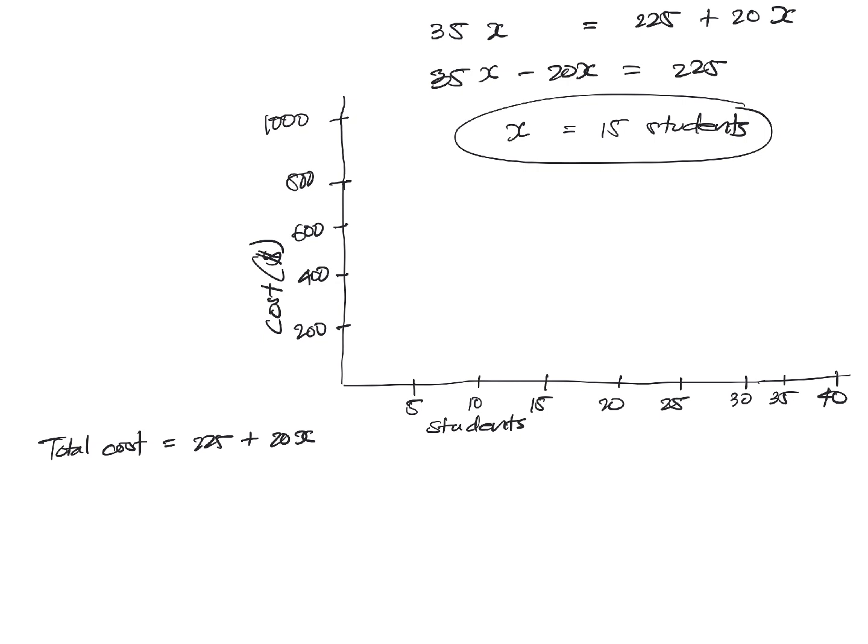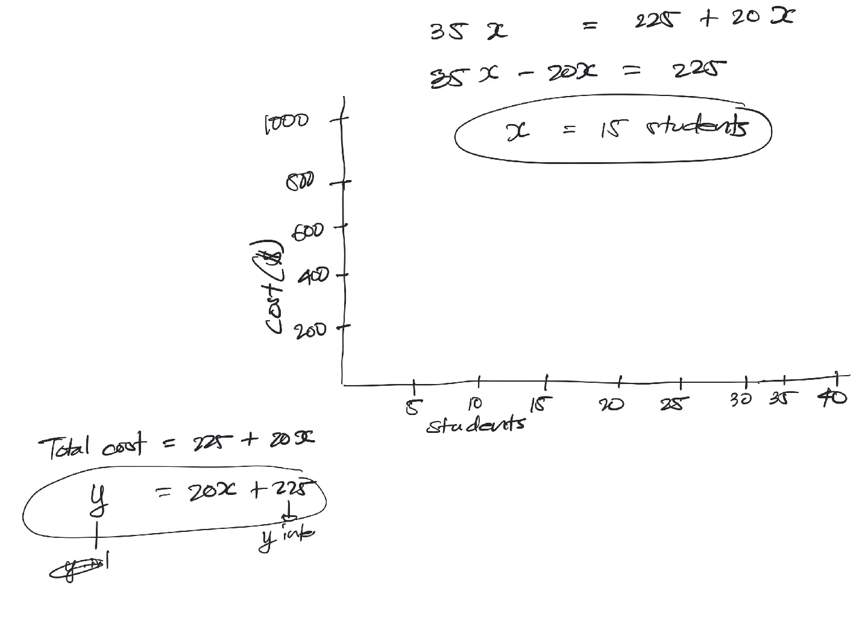So we can say that y equals 20x plus 225, so now this is an equation, the line where your total cost is your y. This one is your y-intercept. Does that make sense? 225 is your y-intercept. So let's look at the y-intercept here at 225. So that's where 225 is.